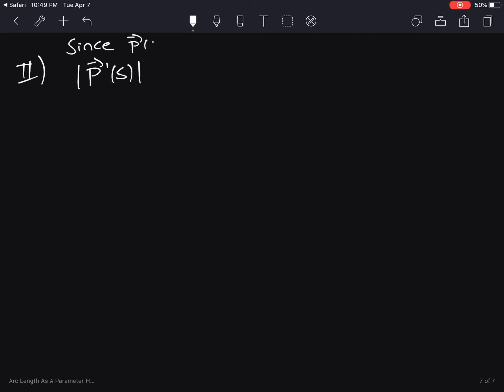Since this is an arc length parameterization, its speed should be 1 for all s.